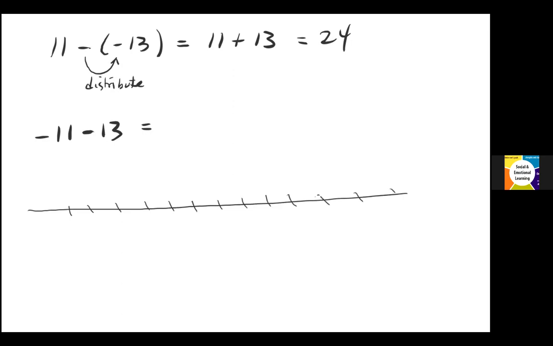If we start out, say this is like 0, 1, 2, 3. So this is our number line, negative 1, negative 2.